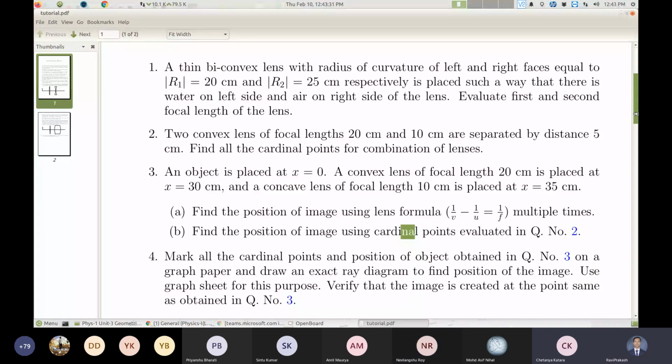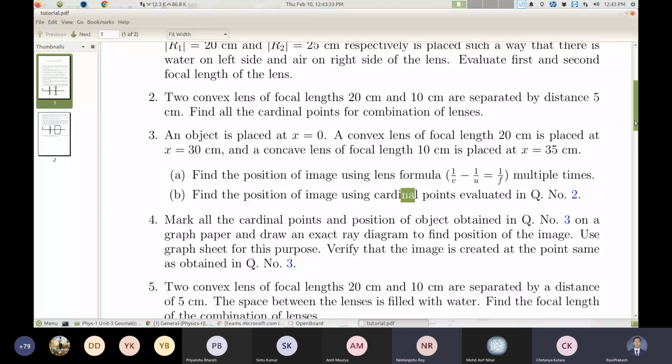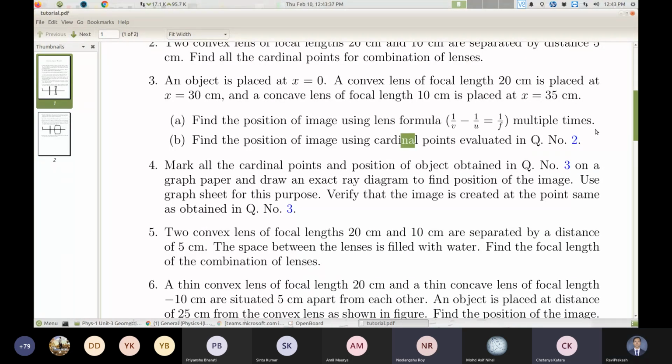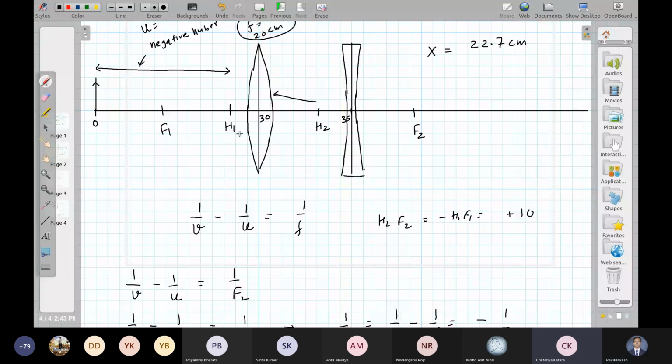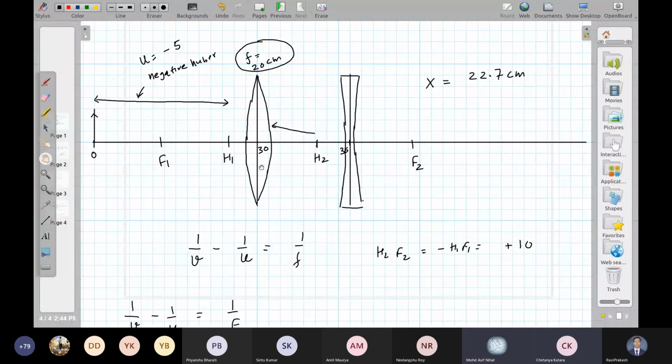Sir, the procedure for calculating the position of H1 and N1 is the same irrespective of the nature of the lens. Yes, that alpha, beta, irrespective. If you displace any of the lenses, all 6 points will change their position. Sir, here we will only use the focal length according to sign, right? If it is convex-concave, we will take the second focal length as minus. Yes sir, I did it that way, so the third one was done. Right, I did it with -10 sir, one by one.